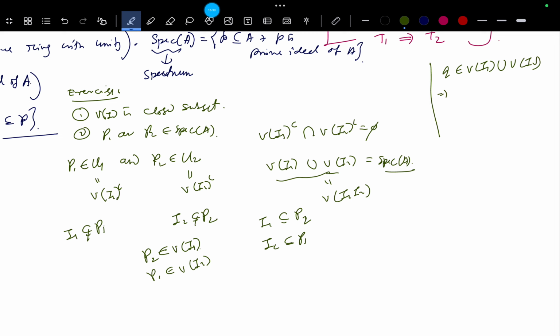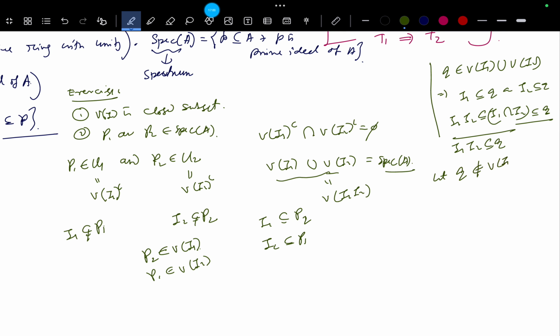That basically means I1 is inside Q or I2 is inside Q. In either case, I1 times I2, being inside I1 intersection I2, has to be inside Q. Conversely, suppose I1 times I2 is inside Q. Let Q not belong to V of I1, and neither to V of I2.